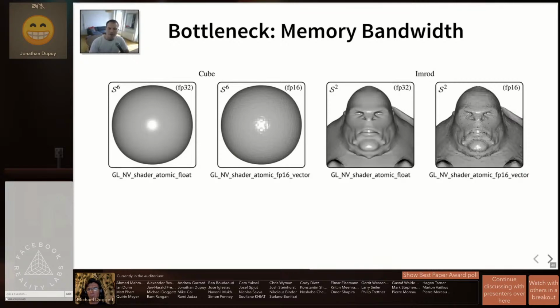The way we discovered this is that at some point we tried to compute the vertex point in half precision, and this gave us a bunch of artifacts that you can see here, obvious precision artifacts, so you can't really use it as is. But it did give us a significant speedup, ranging from 1.1 to 1.25 in our test meshes.